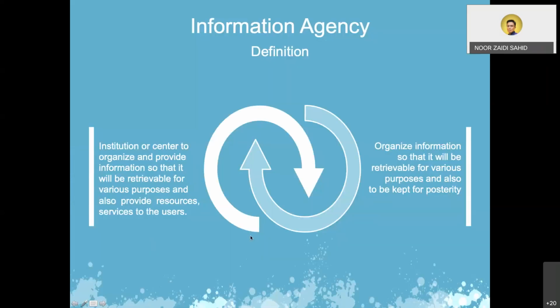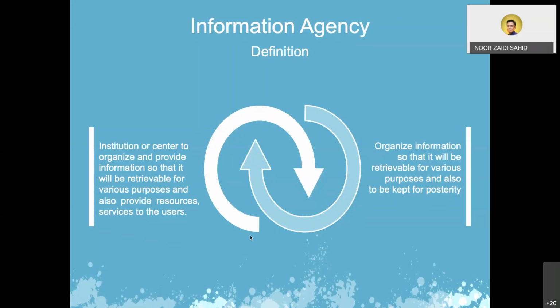Okay, first, let's define what is an information agency. An information agency can be referred to as an institution or center that organizes and provides information so that it will be retrievable for various purposes, and also provides resources and services to the user. So again, this definition refers to an information agency as an institution or center.